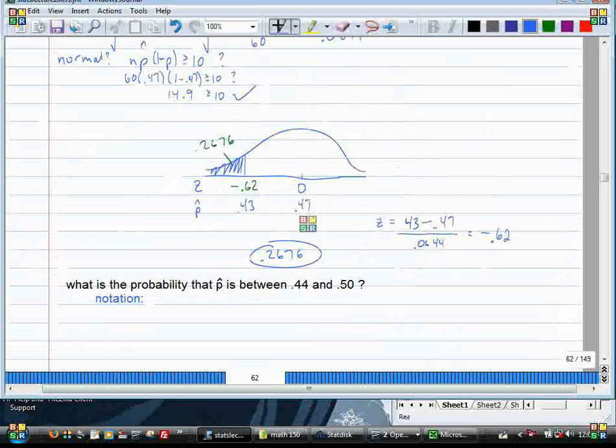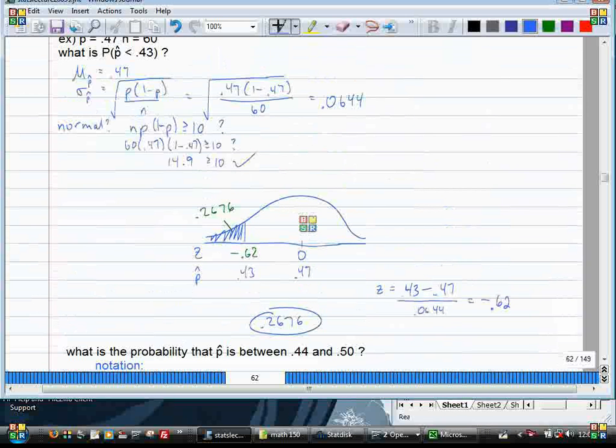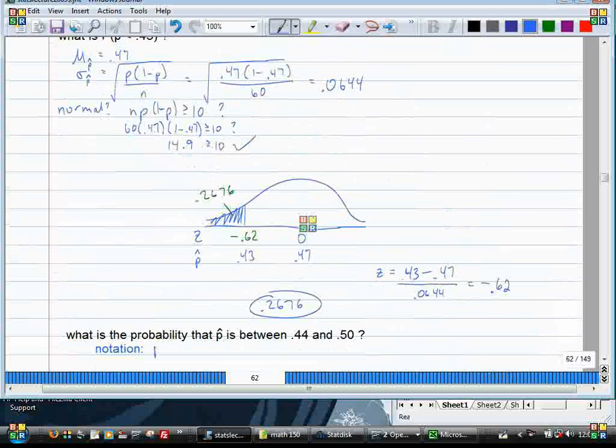So this is a continuation of this problem. First of all, let's write this down in notation. How do you write this down in notation? Well, less than, but yeah. Okay, so that's what the question is asking for.